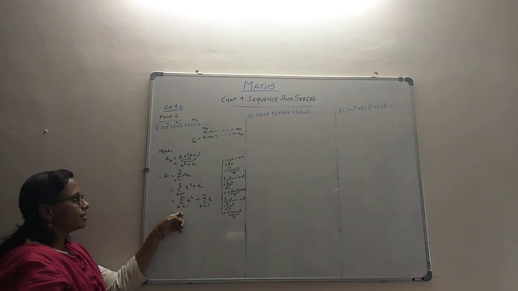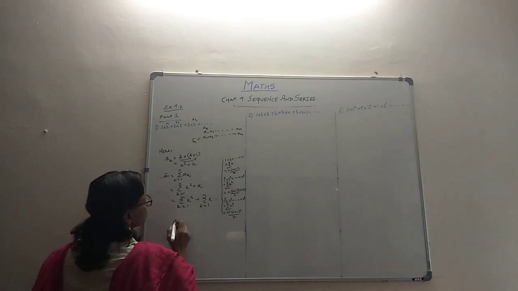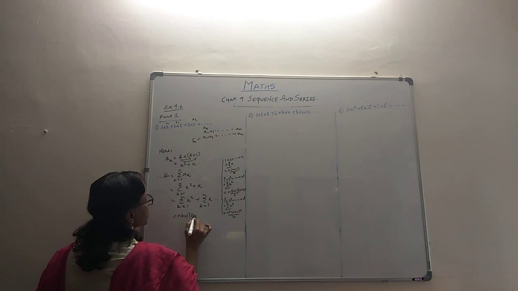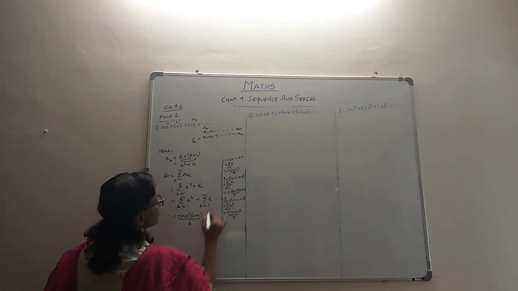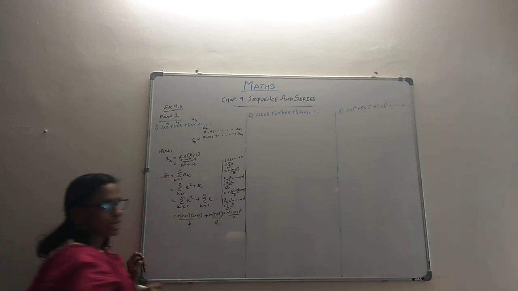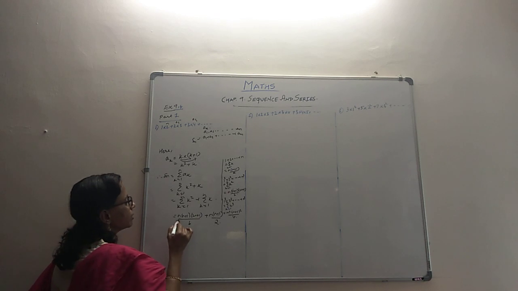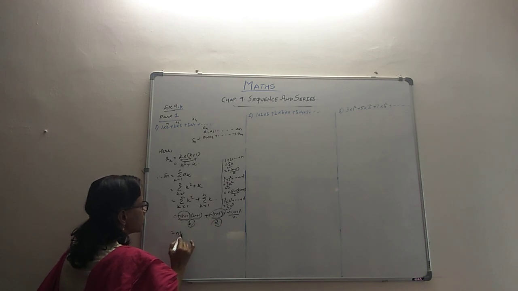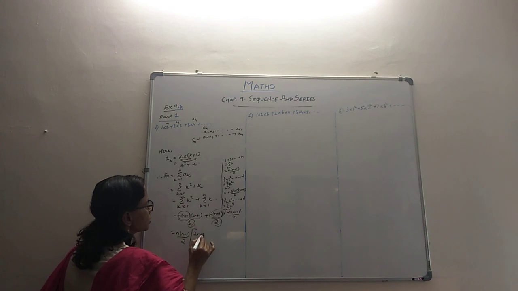Same thing is coming here. Summation k squared is n into n plus 1 into 2n plus 1 by 6, and summation k is n into n plus 1 by 2. We have things common here, n into n plus 1, and 2 can be taken common too. So let's take n into n plus 1 by 2 common. In the first bracket 2n plus 1 by 3 remains, and in the second bracket only 1 remains.